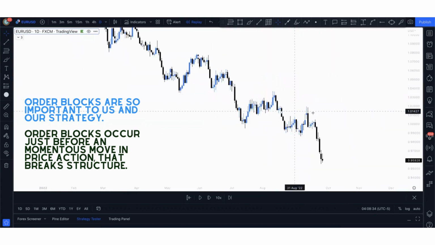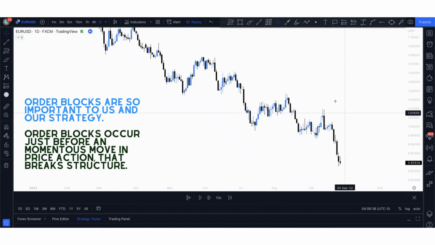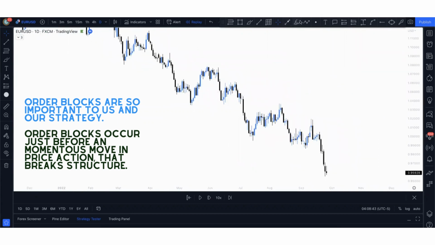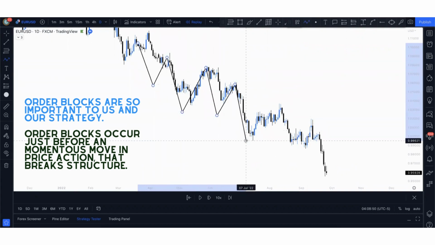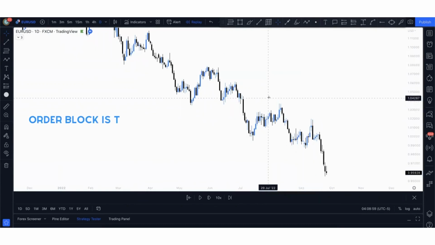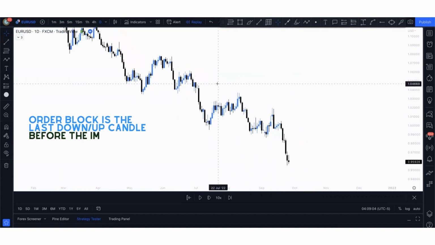As you can see here on the chart, this is a downtrend market. So lower high, lower low, lower high, lower low, right? An order block, for this one which is bearish, is the last up candle that caused the break.